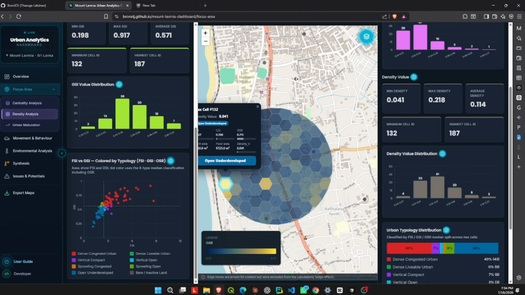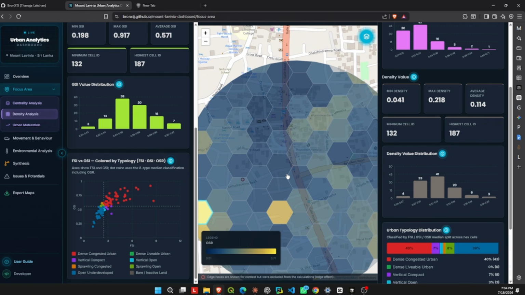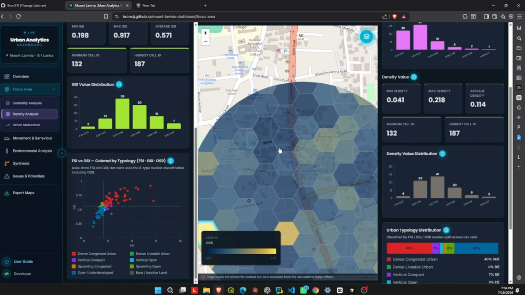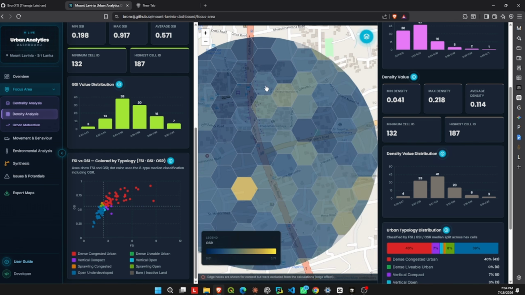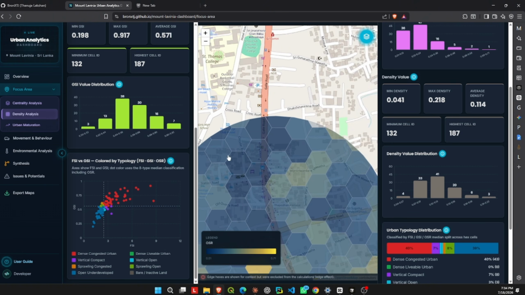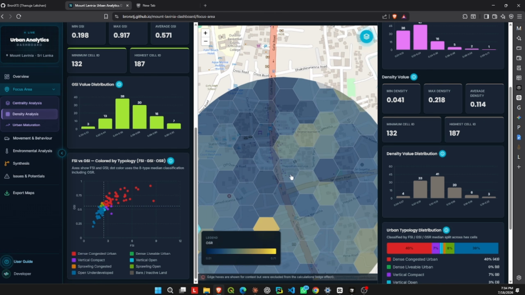It shows where development pressure is strongest. That is the question we can analyze through this. Along Galle Road, as well as this circular area and the market building area, it's a highly dense area due to the commercial centers.